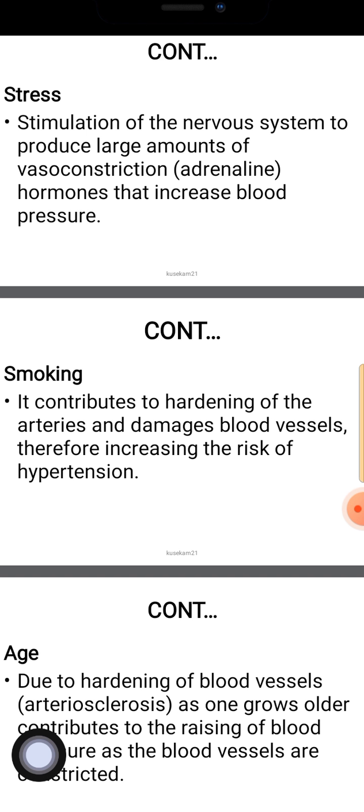When you are stressed, it means adrenaline will be stimulated, and when this adrenaline is released from the adrenal gland, what will happen? This adrenaline hormone has a tendency of constricting the blood vessels. So when these blood vessels are constricted, it means they are increasing what? Blood pressure, because the lumen of the vessels will be narrowed.